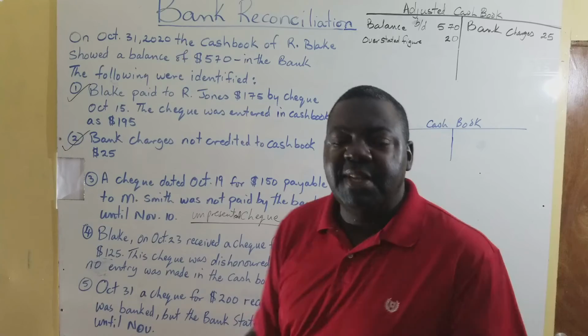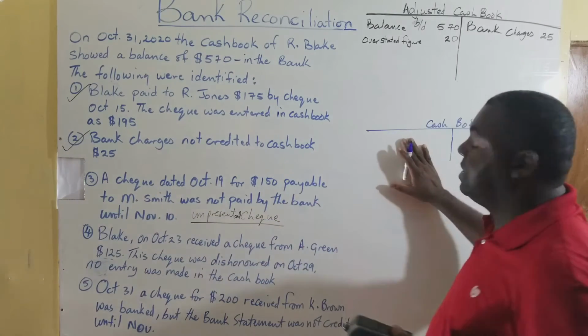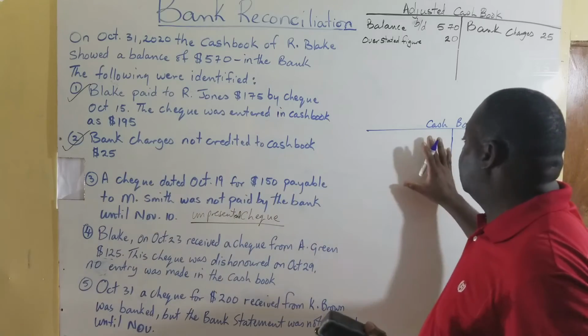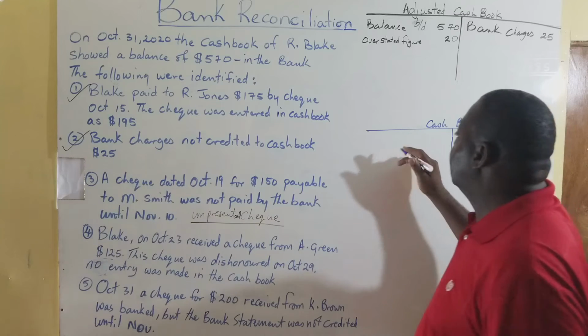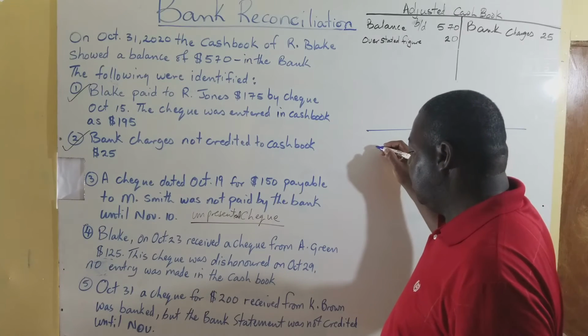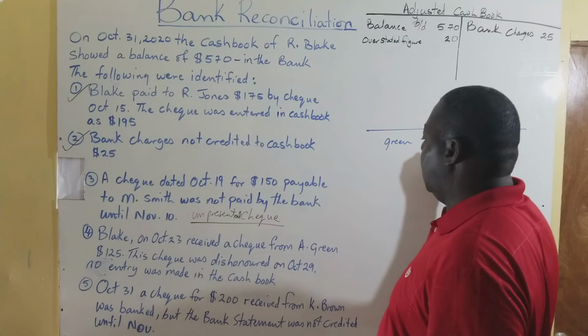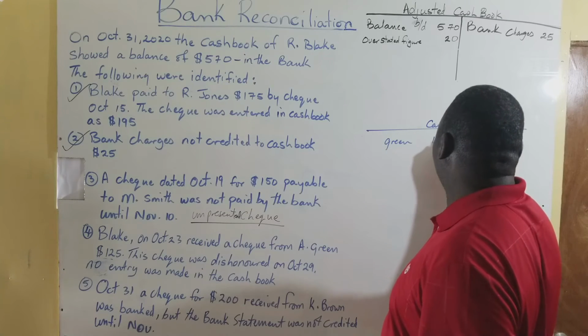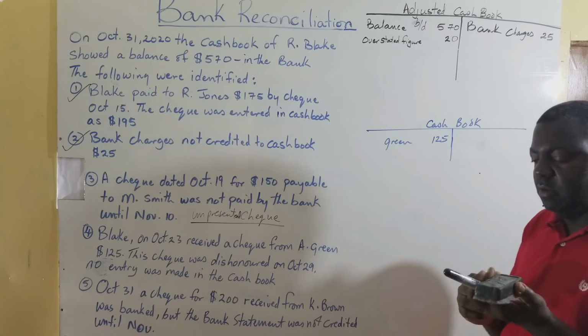If Blake is receiving the check from Green, it means that we're going to be debiting the cash book, because when we receive money, it is recorded on the debit side. So we would have had Green and would have recorded the 125 here, showing that Green paid us. We received the money from Green.